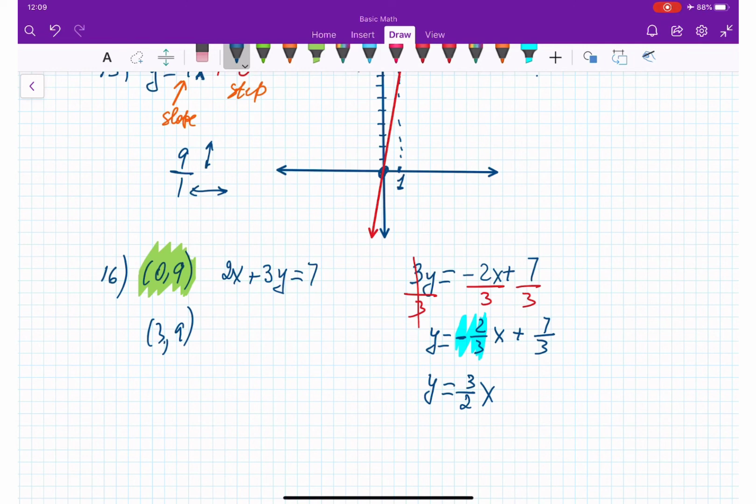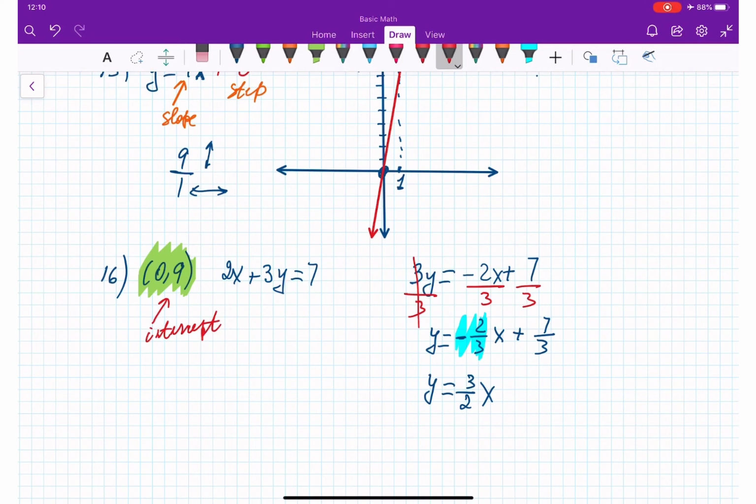Why? Because of the coordinate, it's always on y, x is 0. That's why. Because we have 0 as an x, that's why we identify it as an intercept.